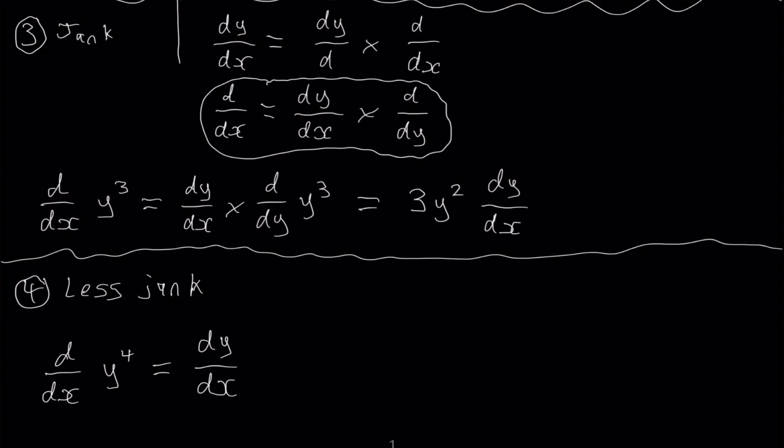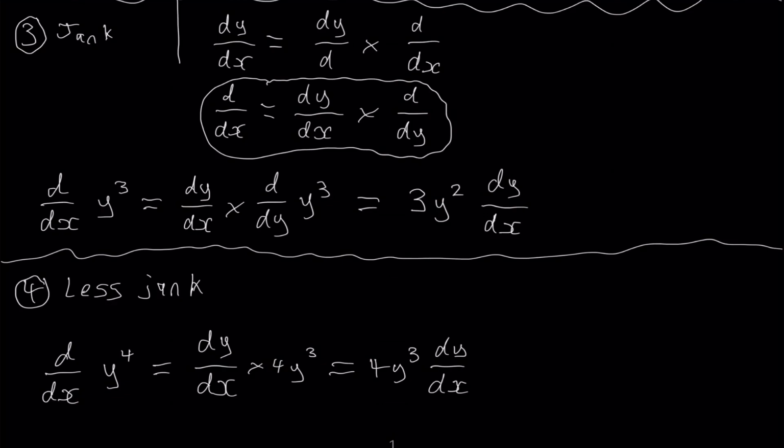And then for the outer derivative, we bring the power down, we multiply by the power, and we reduce the power by 1: 4y cubed. So this is equal to 4y cubed times dy over dx.